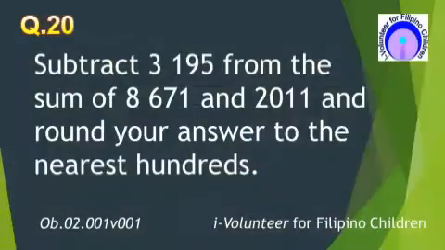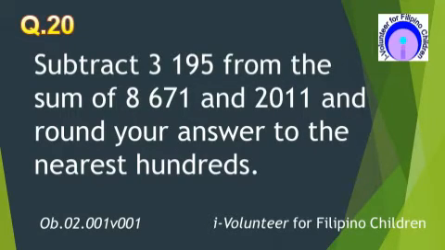Number 20. Subtract 3,195 from the sum of 8,671 and 2011 and round your answer off to the nearest hundreds.